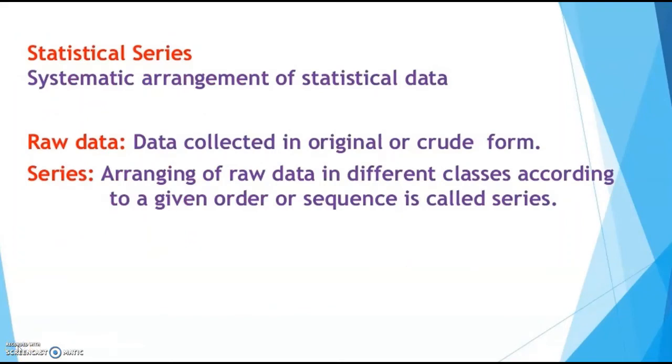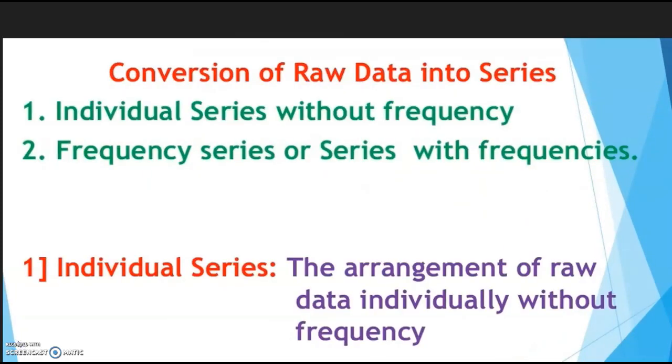Then what do you mean by raw data? Data collected in original or crude form is known as raw data. Then what are the methods to convert raw data into a series? Individual series without frequency and frequency series or series with frequencies. These are the two methods of conversion of the raw data into series.